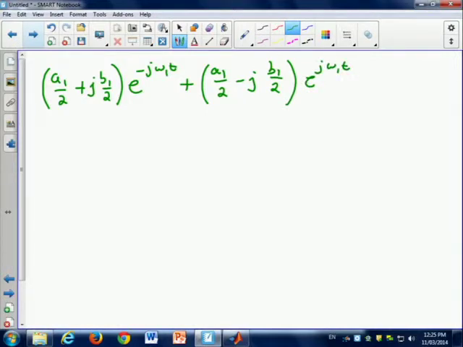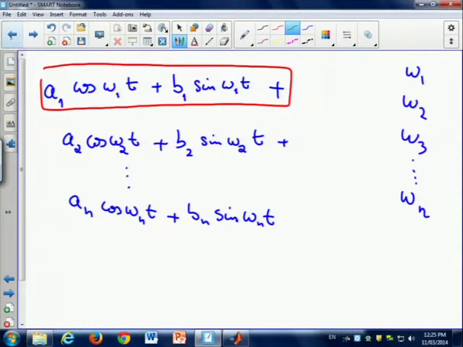This green line over here is exactly the same as this red box equation here. It's exactly the same, meaning it gives you real values. It's a real sound, but it's written in complex notation.